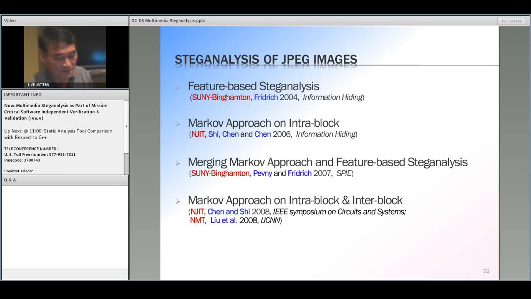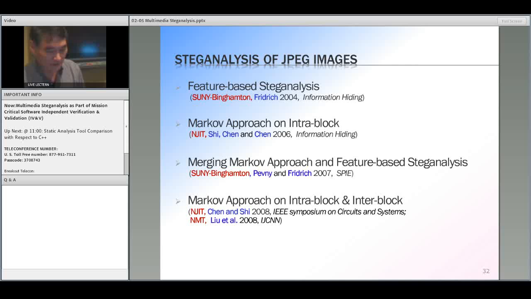All right, so this is a second class of algorithms for detecting transform-based images. And again, without going into too much detail, the general idea is to use a Markov approach to look at the coefficients within an A by A block, and based on that to develop heuristics, the statistics, and use that as features to train your learning machine, and then test it on a set of test data.